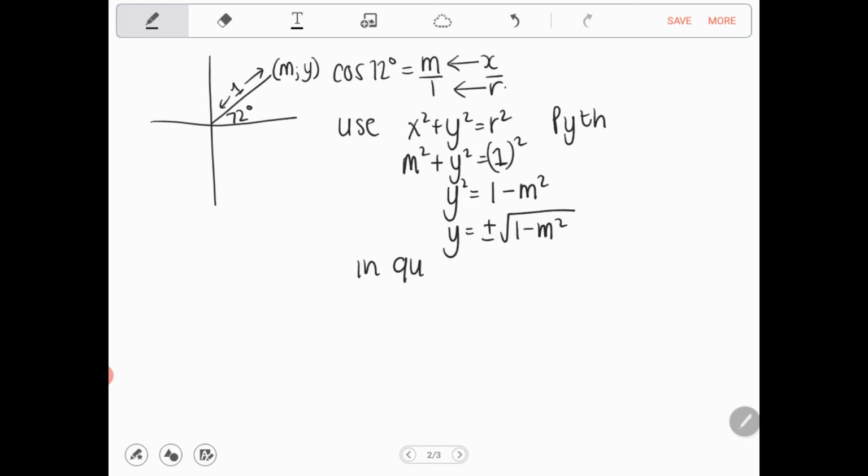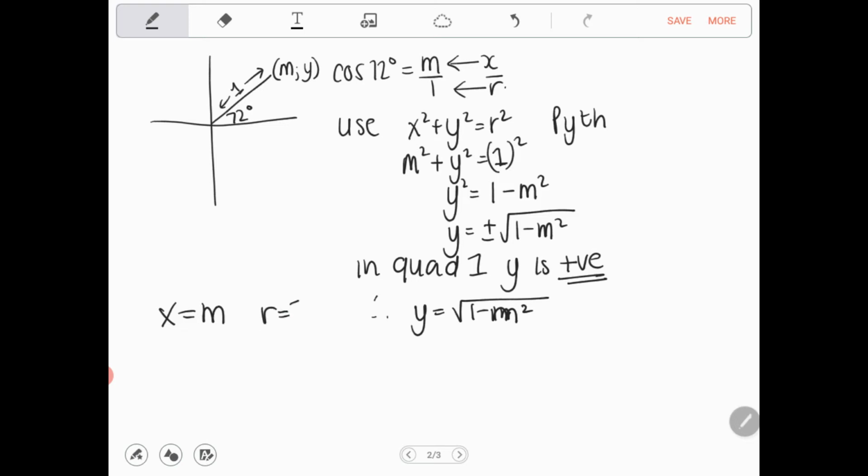In quadrant 1, y is positive. Therefore, y is going to be the square root of 1 minus m squared. Okay, so we know x is m, r is 1, and y is the square root of 1 minus m squared.